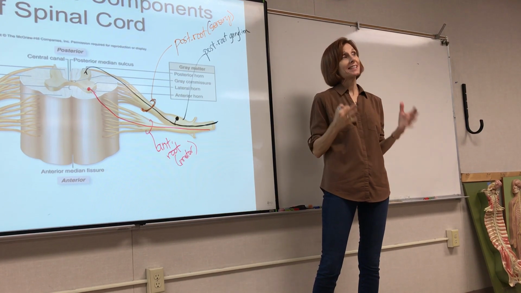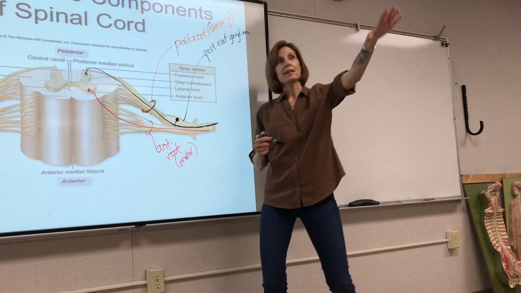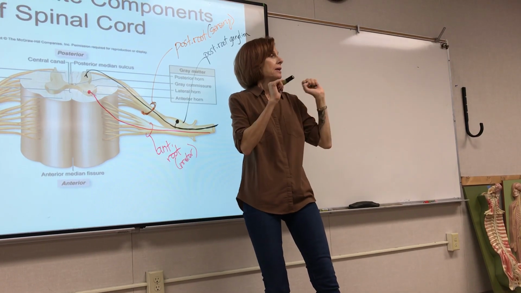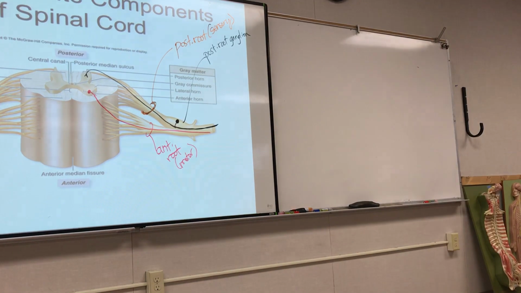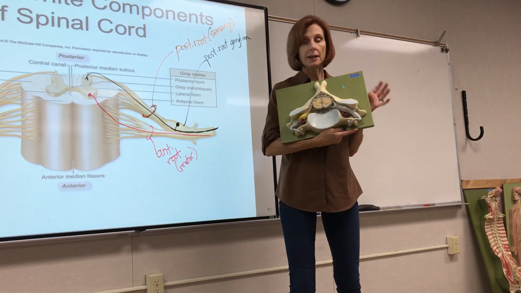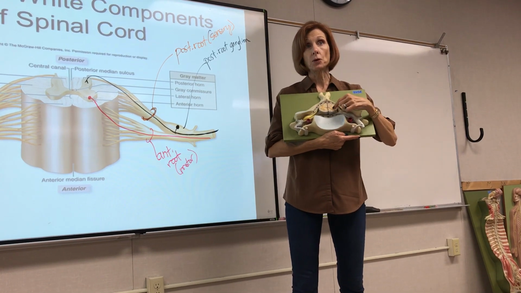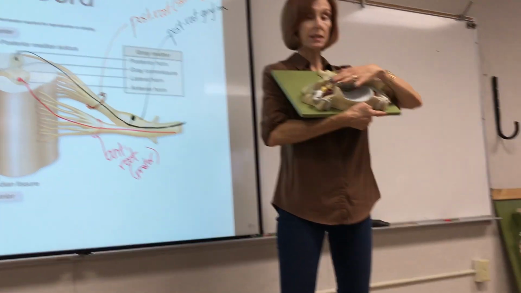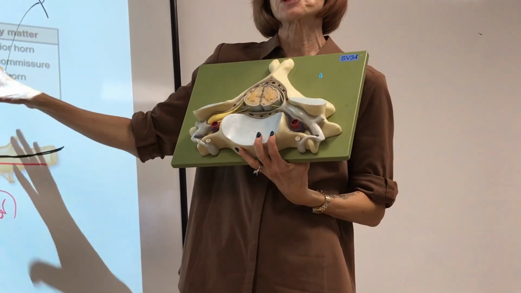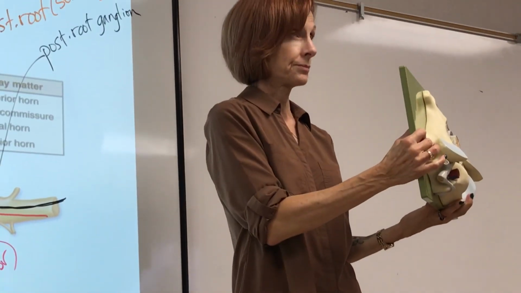Okay guys, so for today in lab, you can look at the models. Spinal cord models are out. This model not only shows the meninges, which we've already talked about, it also shows the parts of the spinal cord and the parts of the spinal nerve. So everything that we just talked about with the spinal nerve is shown here.